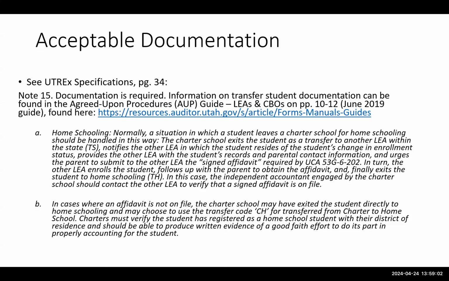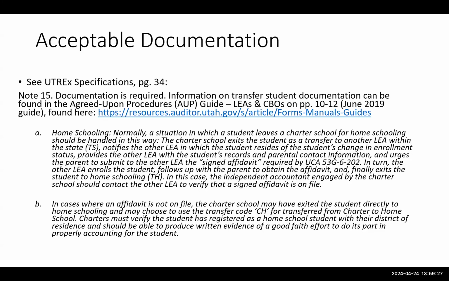Then what happens is they notify the other LEA in which the student resides, and parental contact information. Basically, they get the information that they need from the other LEA or from parents.